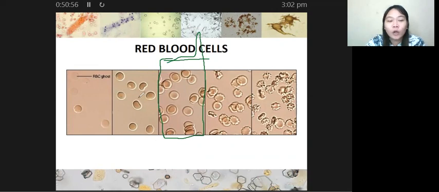So if we are going to decrease the tonicity of your urine sample, what happens to your red blood cells? They will become larger than normal. They will become swollen, until such time that they will undergo lysis.